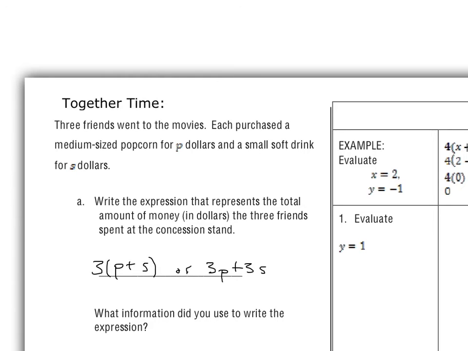Hopefully you're thinking, well, if I use the distributive property, I can distribute the 3 to the P and the S to see that the expressions are indeed equivalent. So it's just the idea of either grouping them by saying P plus S is what each of them spent, or breaking it apart and saying in total we bought 3 popcorns and 3 sodas. Really, they're all the same.